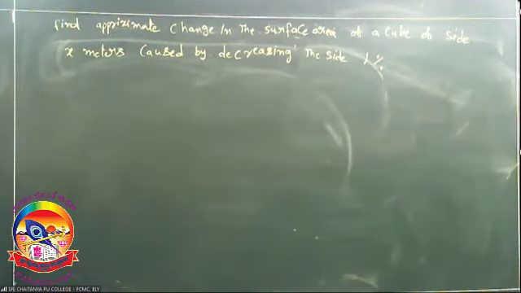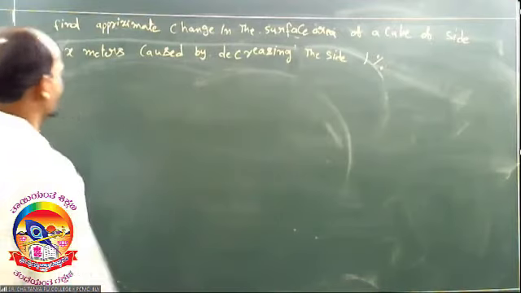Listen once again: find the approximate change in the surface area of a cube of side x meters caused by decreasing the side by 1%.